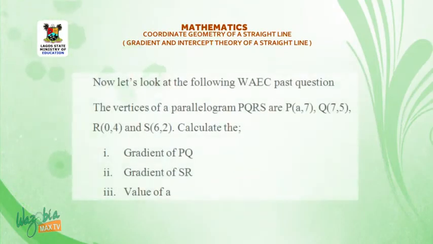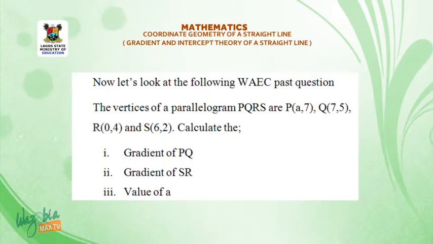Now let's look at the following WAEC past question. The vertices of a parallelogram PQRS are P with coordinates (a, 7), Q with coordinates (7, 5), R with coordinates (0, 4), and S with coordinates (6, 2).